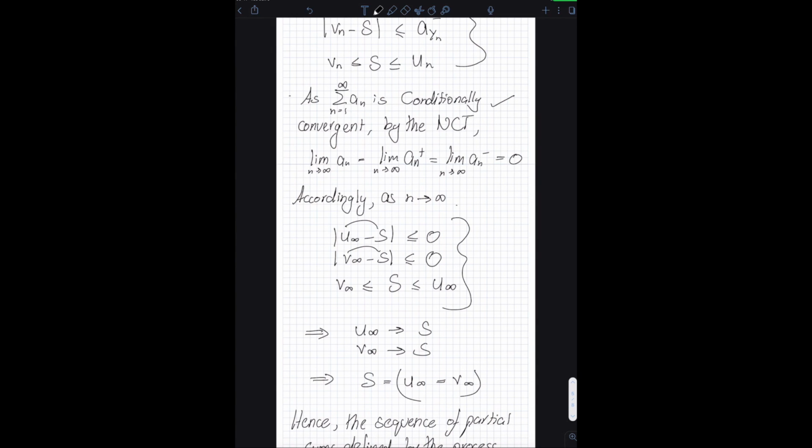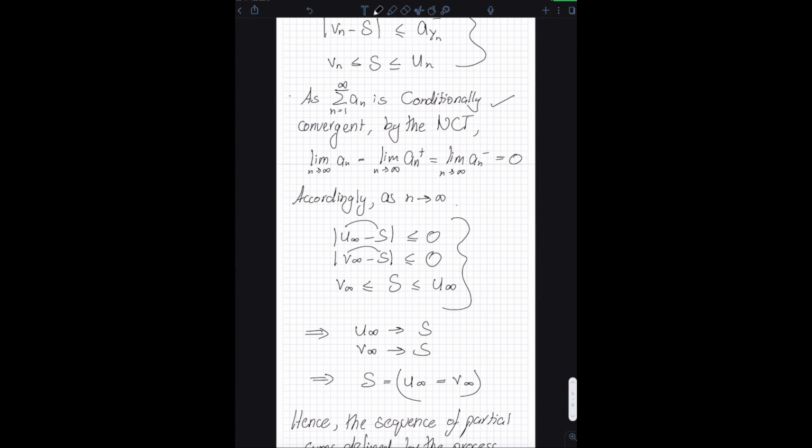They effectively just become 0, and therefore each time you apply the iteration, you get closer and closer to s, until eventually the sequence of partial sums created by this rearrangement of the terms of the sequence a sub n will converge to s, or it practically forces the sequence to converge to s.